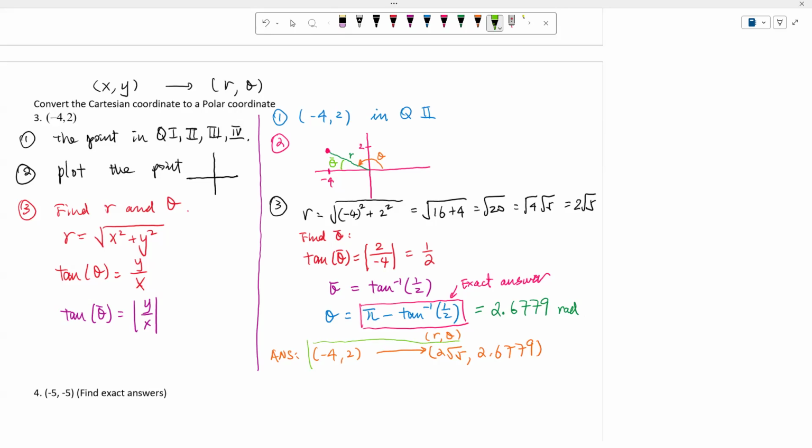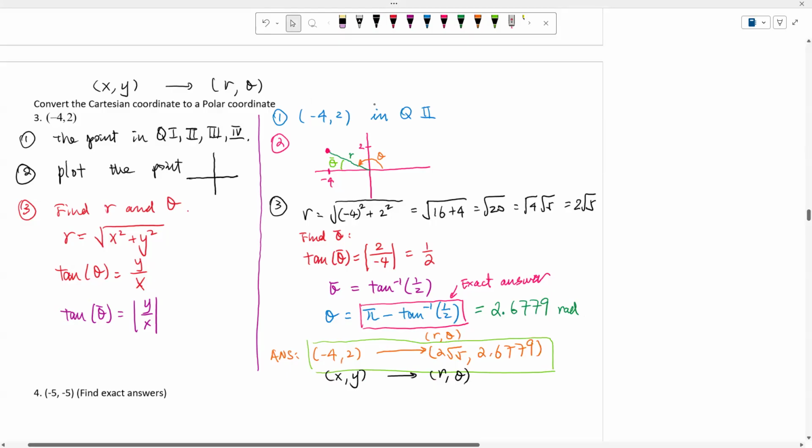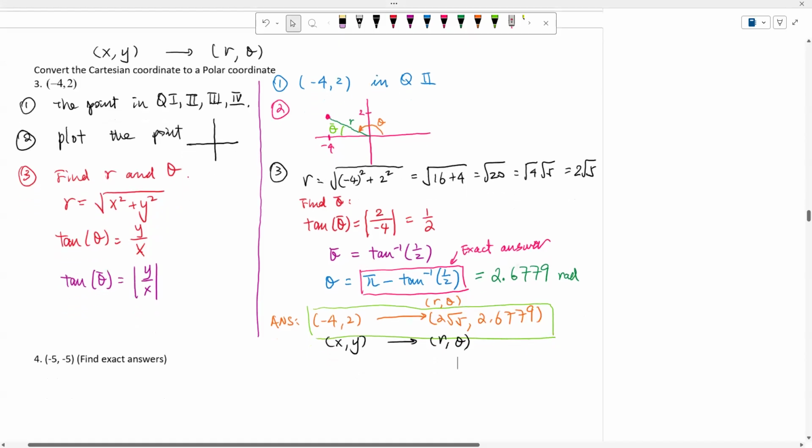Then this is the answer that we have. Again, we convert from xy to r theta then. Okay, then now go ahead and try to work with the next problem.